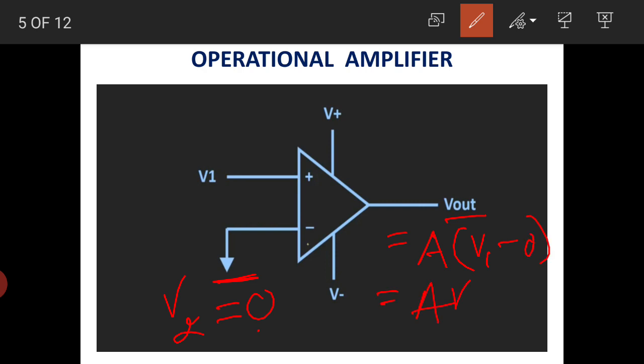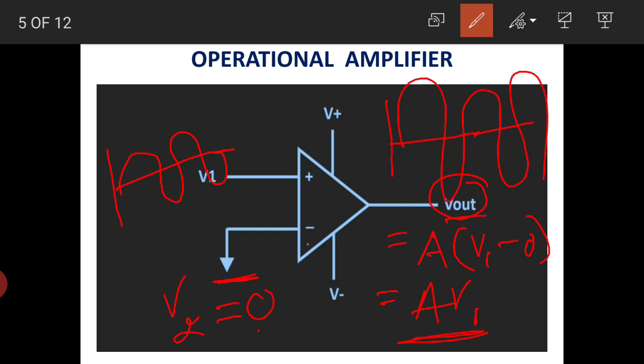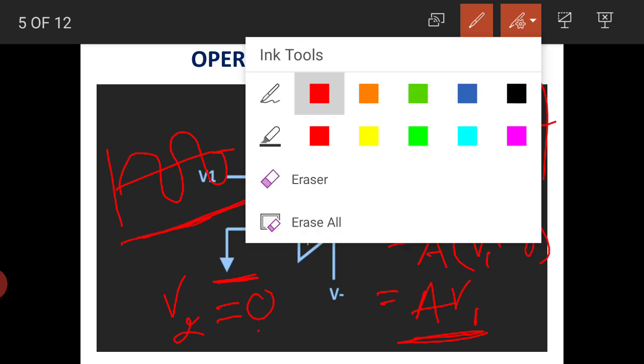So the output comes out to be A into V1, which means the output is purely non-inverting. If we provide a sinusoidal signal here, at the output side we will have an amplified signal which is in the same phase as the input signal.